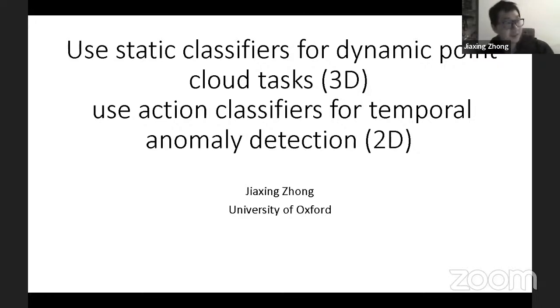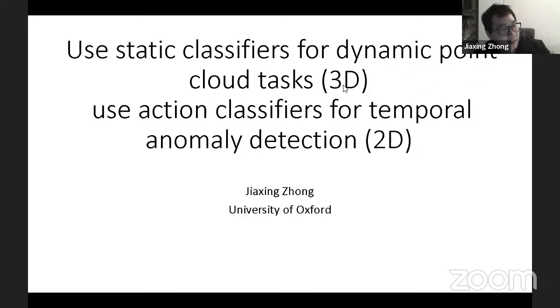In today's lecture, I would like to talk about two works that look to bridge things that seem impossible to put together. First, we use a static model to do a dynamic task.